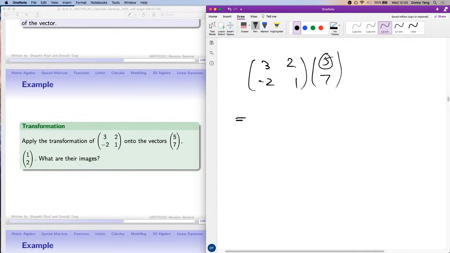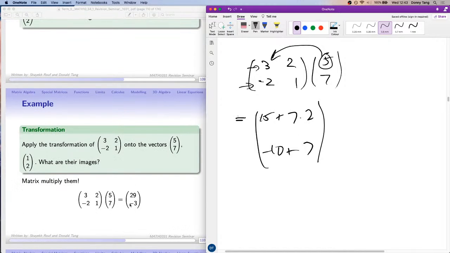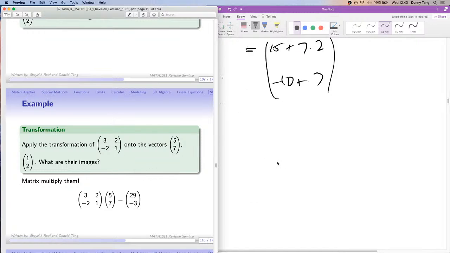The 5 goes to 15 plus 7 times 2, and then 5 goes to -2, so -10 plus 7. And we'll see that indeed we get 29 and -3. It's just matrix multiplication.